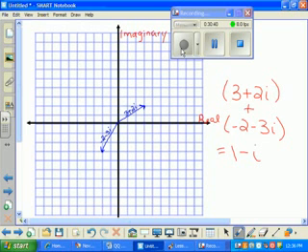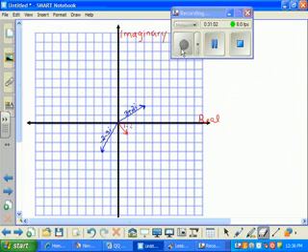So how do I graph that? Over 1, down 1. And here is my resultant. Okay, 6 points. You can do that. Okay? Pretty good? Pretty easy? Yeah. Do we have to draw the dotted line to connect?